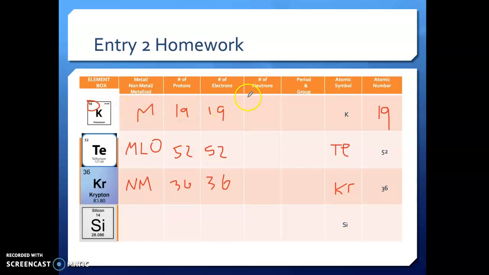So 39, the nearest whole is 39, so it's 39 minus 19, which gives me 20. Here it would be 127.6, that becomes 128. 128 minus 52 gives me 76. And 83.0, which would be 84, minus 36, which gives me 48 neutrons.